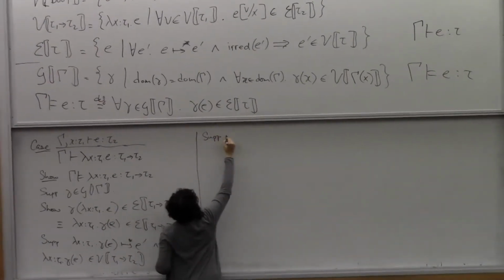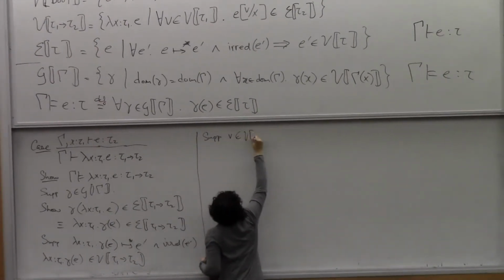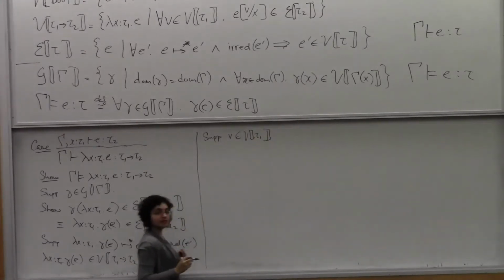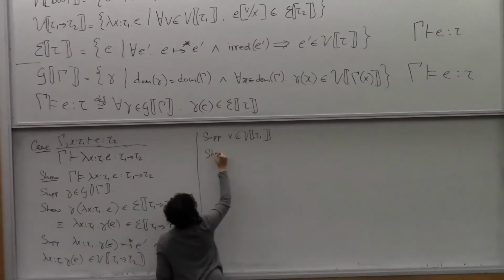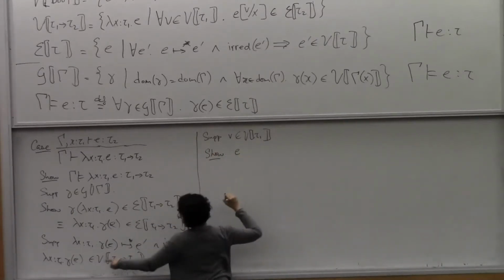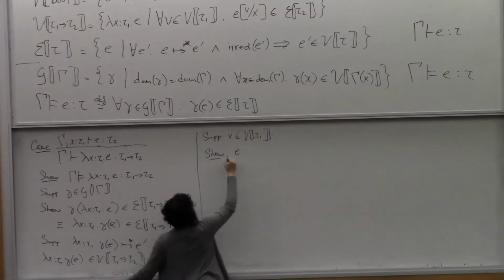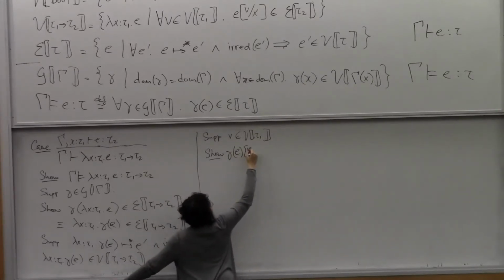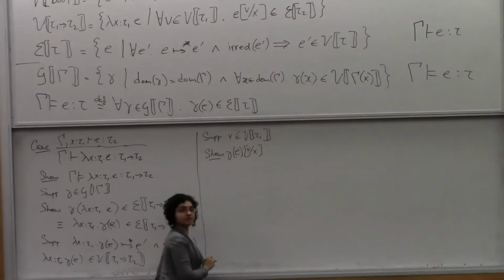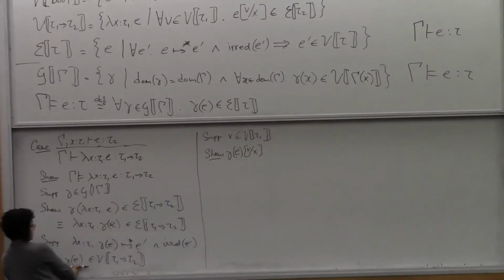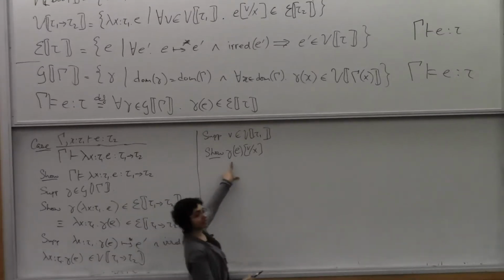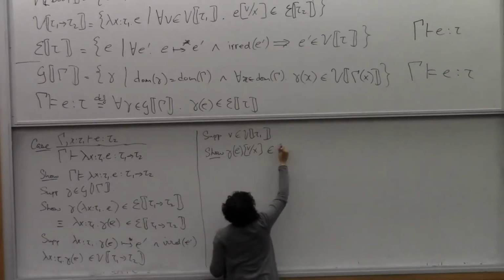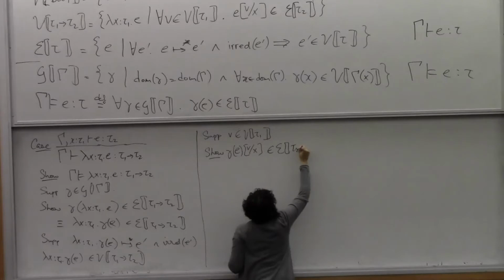Suppose we are given a value in v of tau 1. We have to show that after beta reduction, when we have gamma e with v for x, that is, take the body of this lambda and substitute v for x, that belongs to e of tau 2.